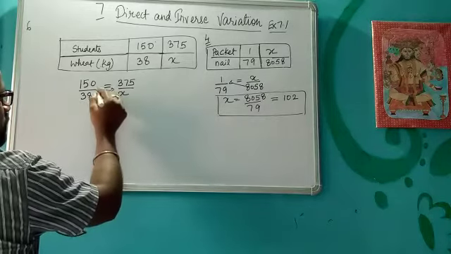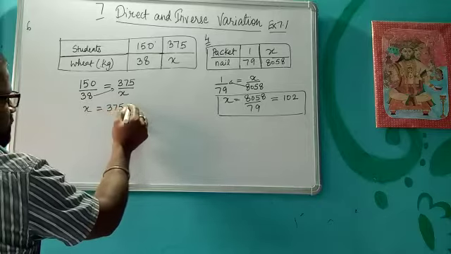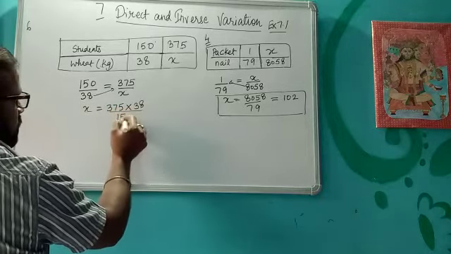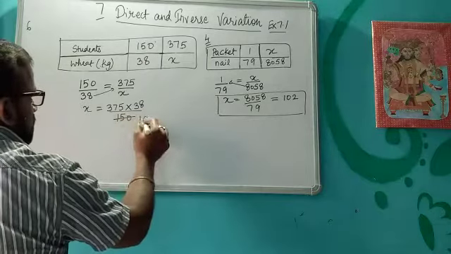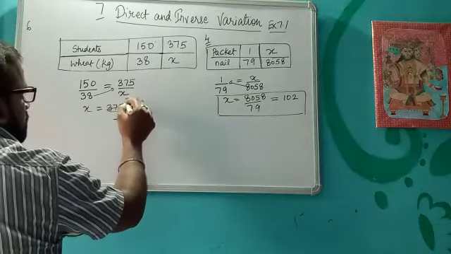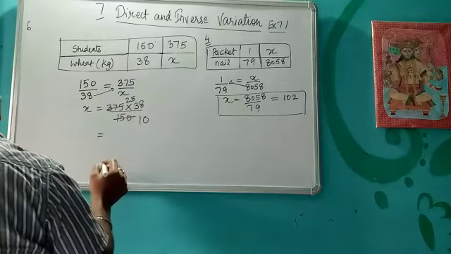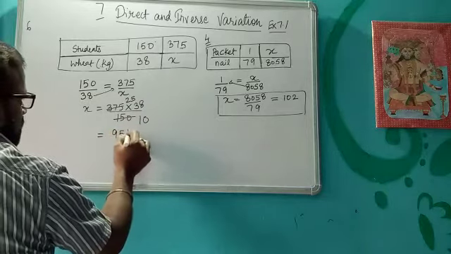Then we will do the cross multiplication. So x will be 375 into 38 upon 150. After solving, we will get the answer as 95 kg.